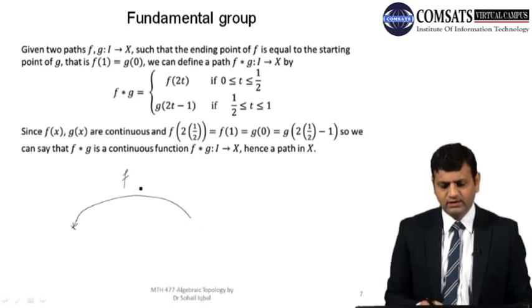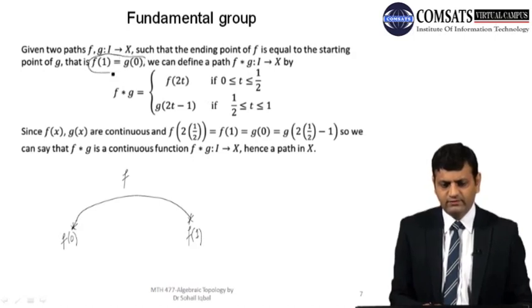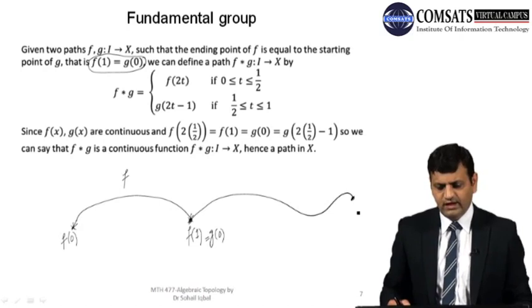For example, this is a path f, and this is the starting point which is f(0), and this is the ending point which is f(1). And let g be another path such that the ending point of f and the starting point of g are the same. So this point is also the starting point of g. This is g(0), and this is the ending point of g, which is g(1).